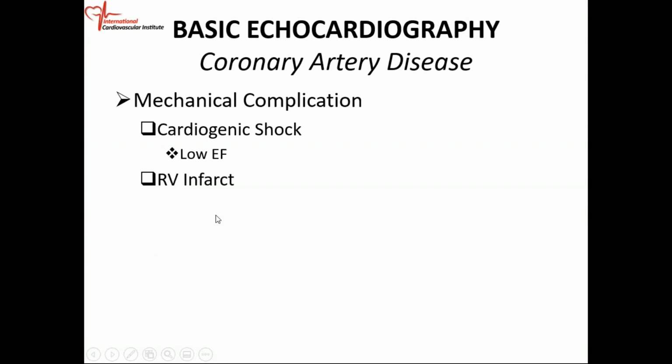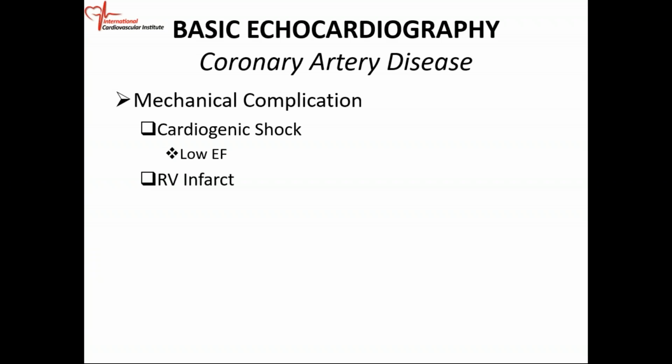Also, we have discussed RV infarcts, RV heart attack, on numerous occasions. One third of your inferior wall heart attacks will have an RV infarct. Patients with RV infarct, the RV is very, very weak, and as a result cannot get the blood into the pulmonary circuit for the blood to be oxygenated and then delivered to the left side of the heart.